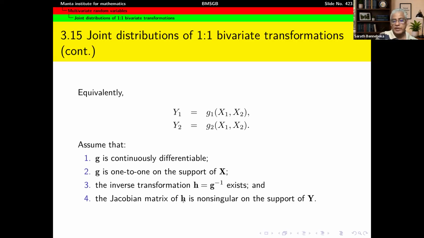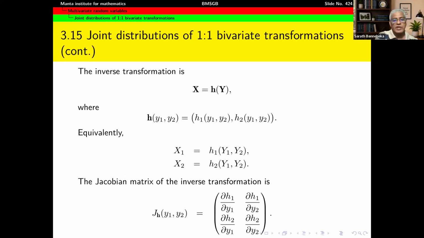Now, what do you mean by this Jacobian? The Jacobian matrix of the function H is this one: the derivative of this function with respect to y1, and then the derivative of that function with respect to y2. This whole thing is x1, so that is the same as the derivative of x1 with respect to y1, and the derivative of x1 with respect to y2.